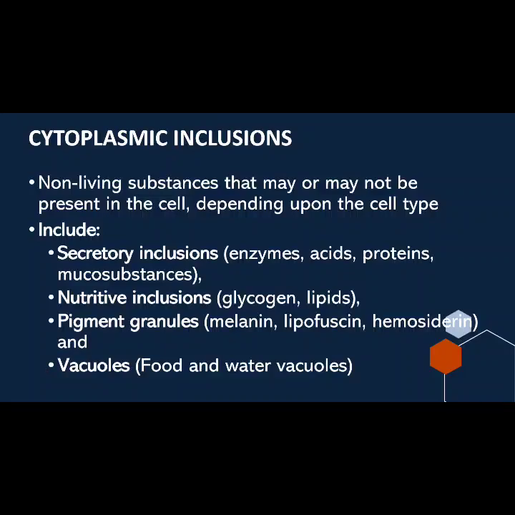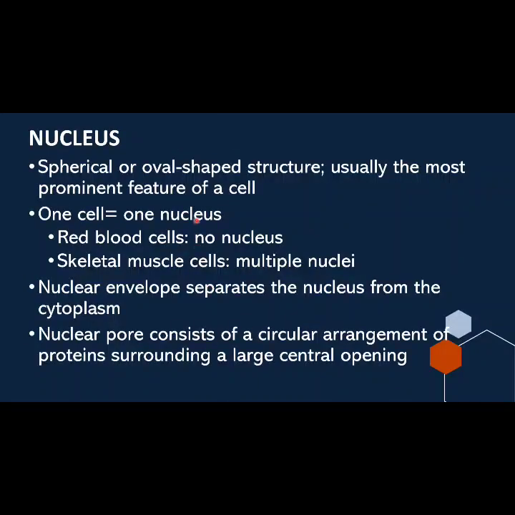Finally, you have your nucleus. This is a spherical or oval-shaped structure, and usually the most prominent feature of a cell. As a general rule, one cell contains one nucleus.